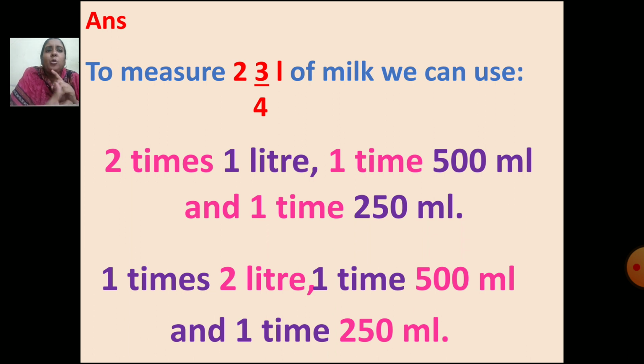Okay, then you will take 1 time 500 milliliter, and then you will take 1 time 250 milliliter. So that will also become 2 and 3/4 liter of milk. Okay, 1 time 2 liter means 2 liter plus 500 plus 250, it will become 750. So 2750 milliliter of milk. So this is how you can show the measure.